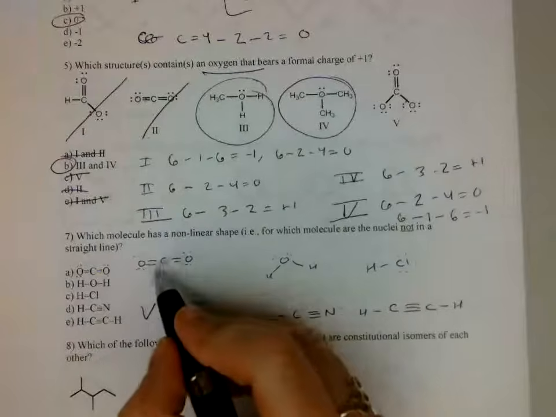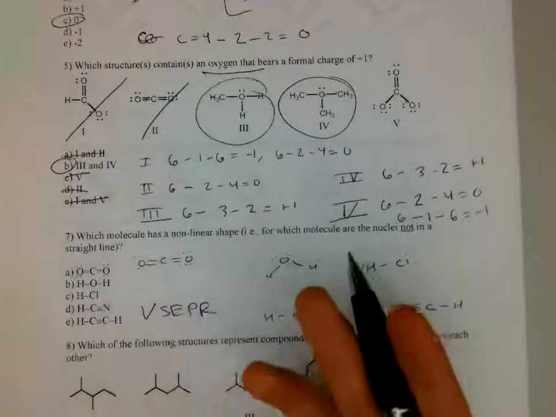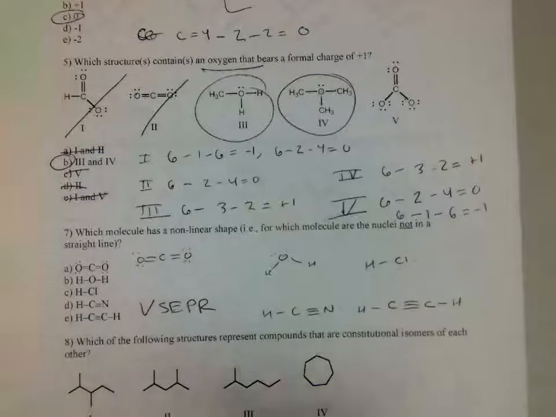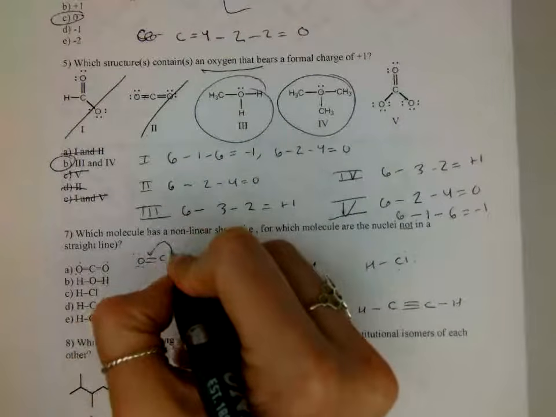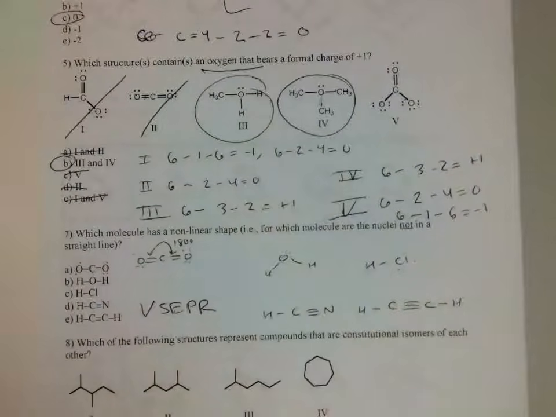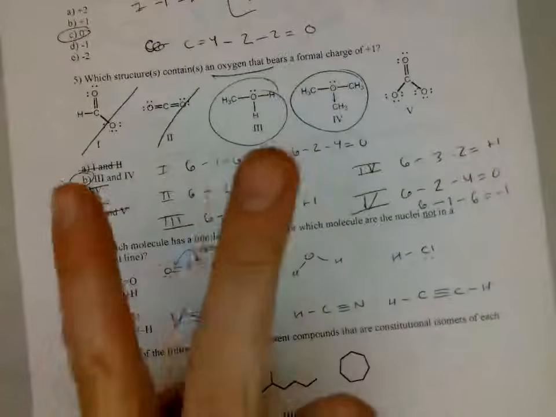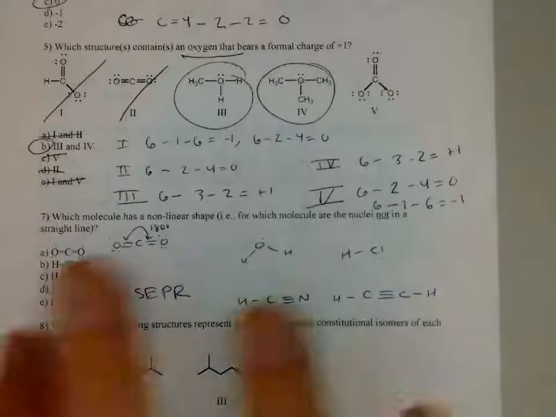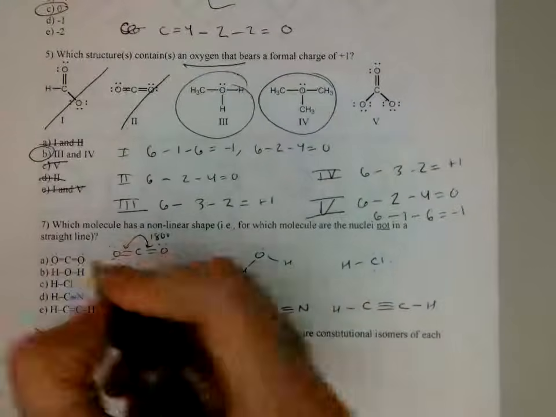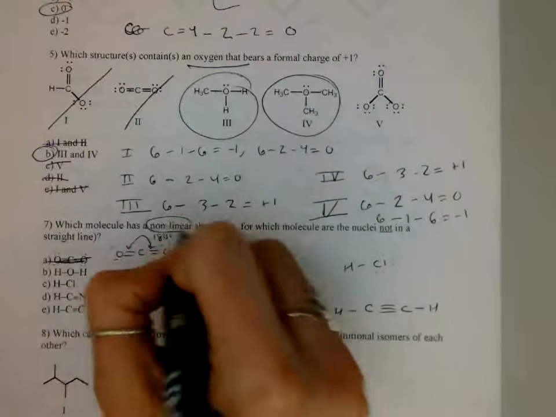This carbon only has 2 electron domains, or things attached to it. So its best shape is going to give 180 degrees between these 2 things. If you have 2 things coming off of it like that, it's usually going to be linear. So this is not our right answer because we're looking for nonlinear.